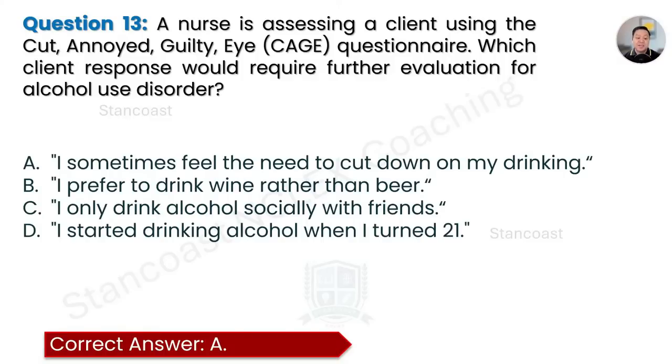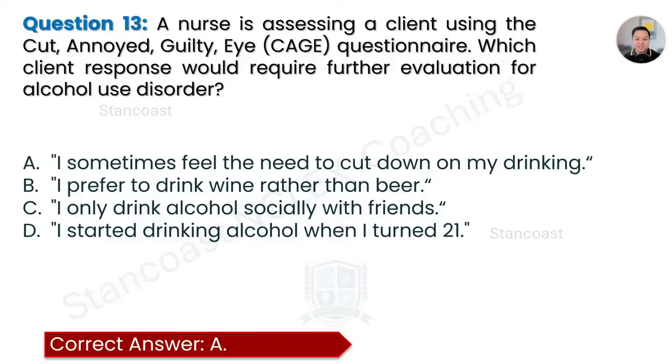Now, letter C is another incorrect option here, because social drinking alone does not necessarily indicate alcohol use disorder. And so further evaluation would only be needed if the client reported adverse consequences or problematic behaviors associated with their drinking. Now, letter D, another incorrect option.